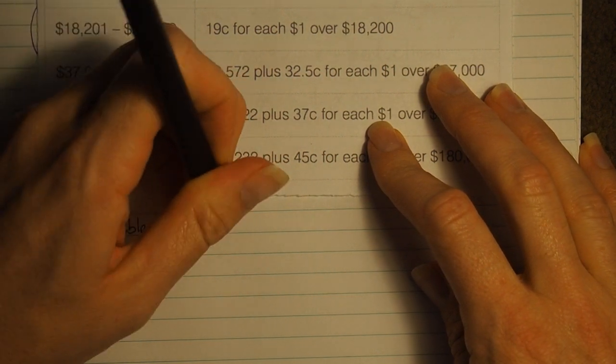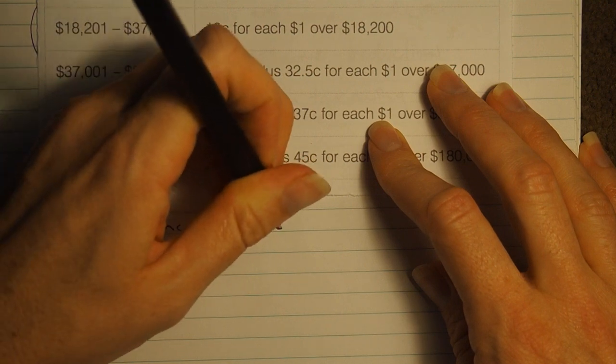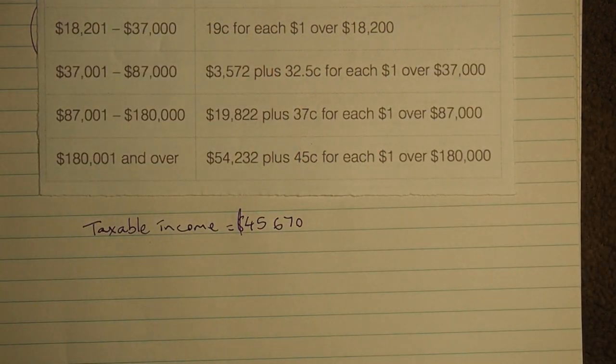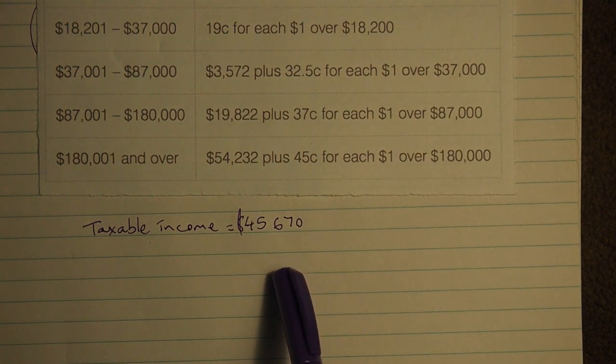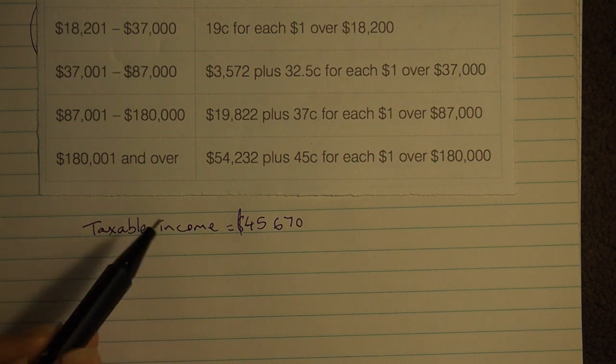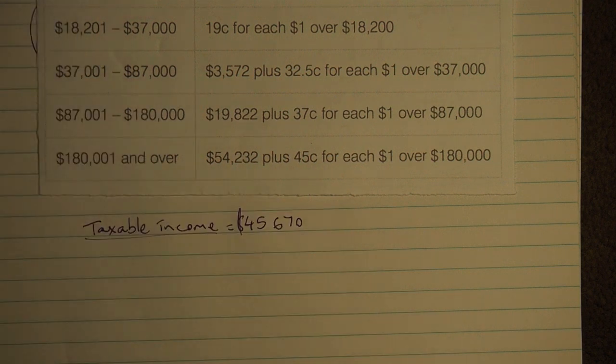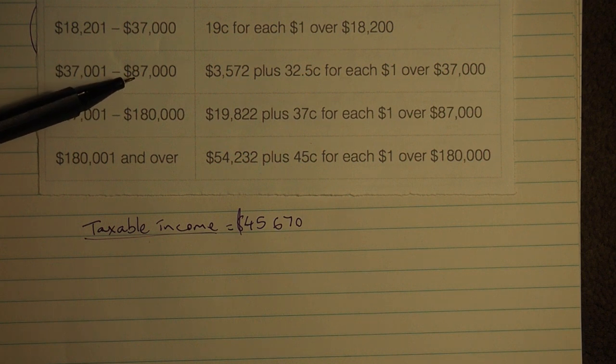We're being told it is $45,670. Now, because we're told the taxable income is that much, we know that any allowable deductions have already been taken out. So you're always using the taxable income in this table, okay? So we have a look. Which bracket does it lie in? It lies in this bracket here between $37,001 and $87,000.